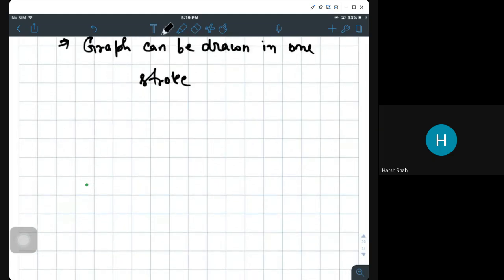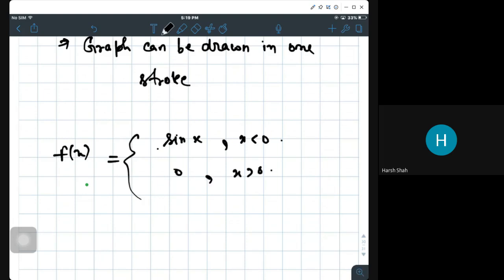Let's say I have a function f of x. This is sine x when x is less than 0, 0 when x equals 0, and 2x by 3 when x is greater than 0.